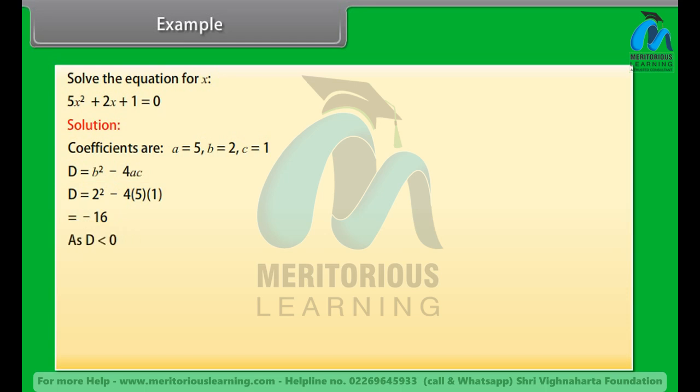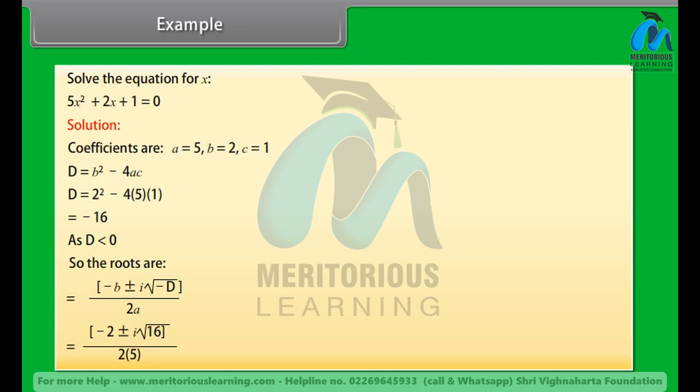As D < 0, so the roots are x = (−2 ± ι√16)/(2 × 5) = (−2 ± 4ι)/10. On solving, we get x = −0.2 ± 0.4ι.